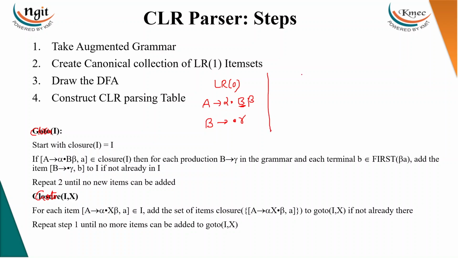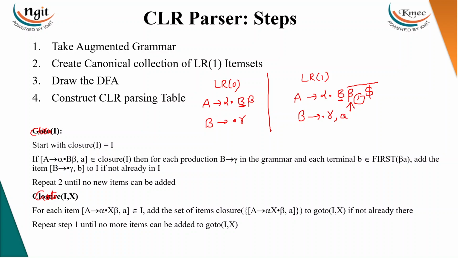But in LR1 we have a lookahead symbol for every item, like A tends to alpha dot B beta, comma, some lookahead symbols. If there is a non-terminal after the dot, then we add the productions, and the lookahead is the first of the remaining symbols excluding the comma, that means the first of beta. If the first of beta is only a, you write it.